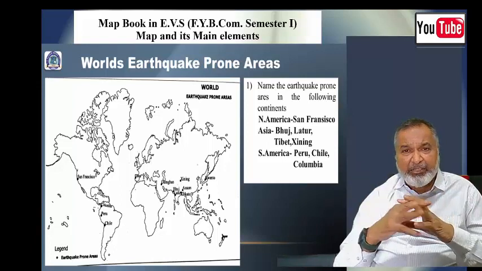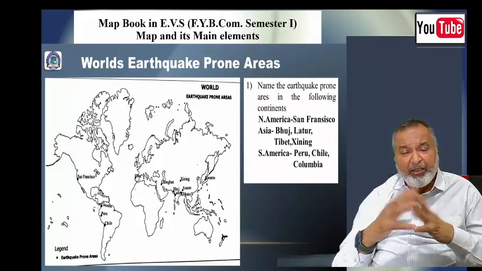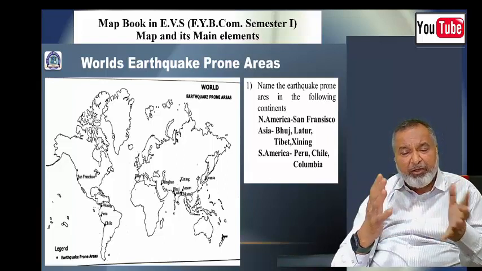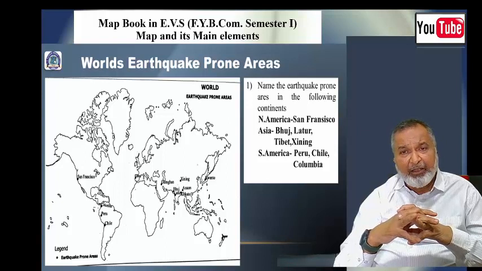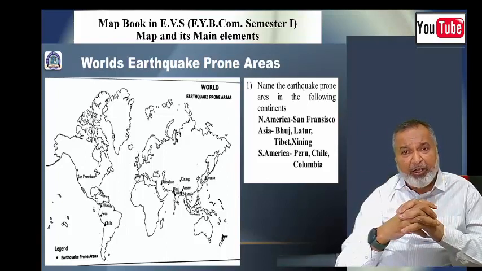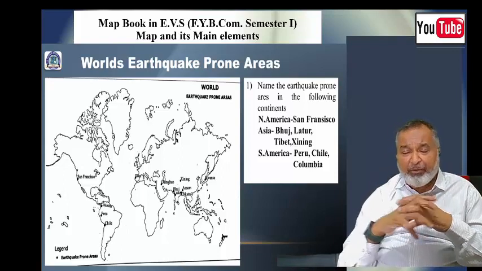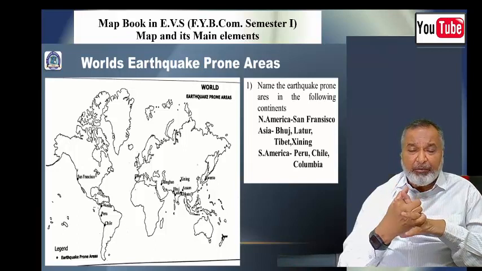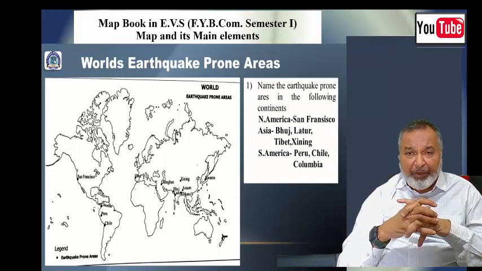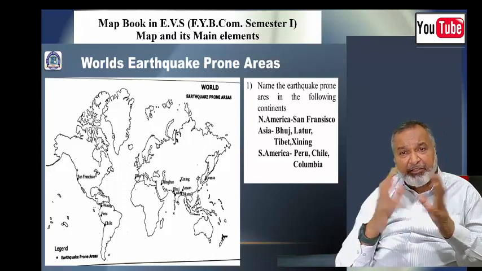It has been almost 100 years since the last earthquake, and the prediction is that a minimum of 100 years is required for the next one, because that many years are needed to store the energy in the rocks. That time has now passed, and anytime in North America we may see another big disaster due to an earthquake in San Francisco.